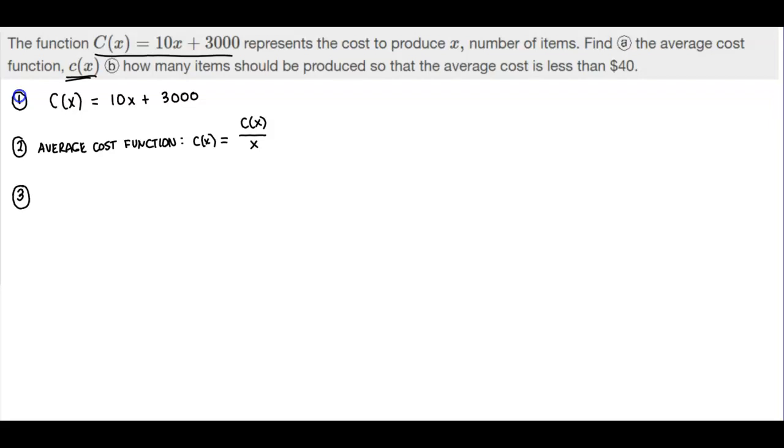So now, what do we know that C(x) equals? Well, capital C(x) is equal to this function. So we're going to replace this C(x) with 10x plus 3,000.